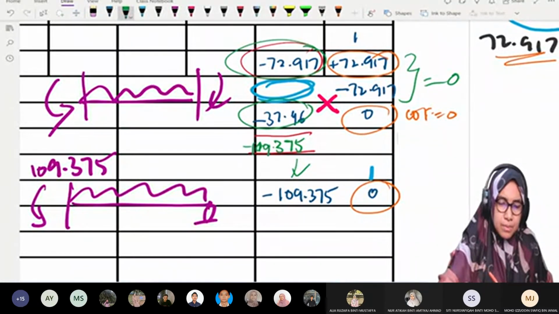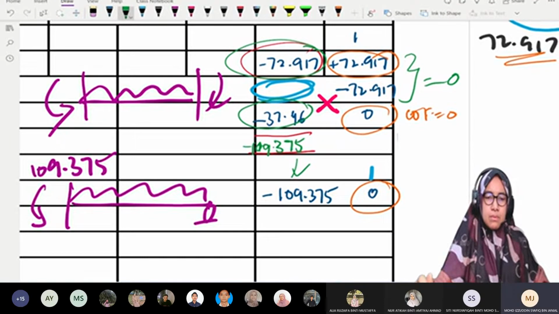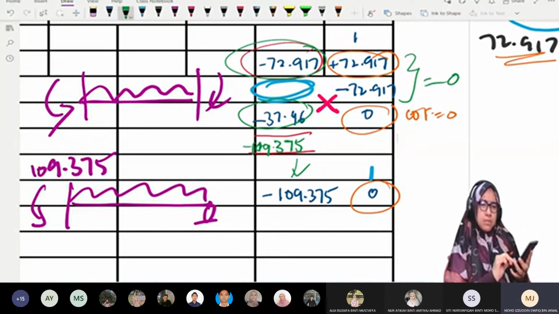Tak dapat je. Tak dapat? Madam, bukan 72.917 bagi 2, 36. Kejap. 72.917 bahagi 2 berapa? 36.